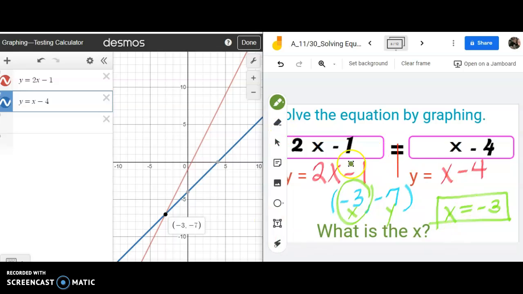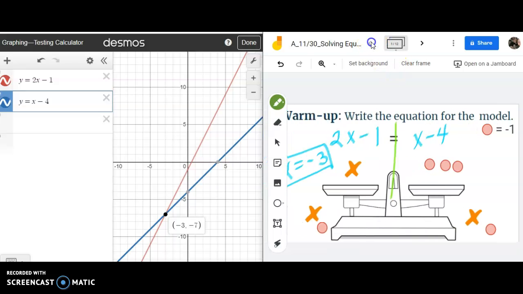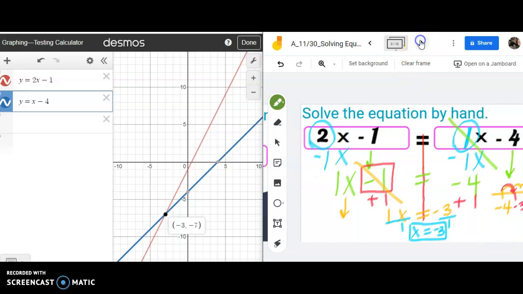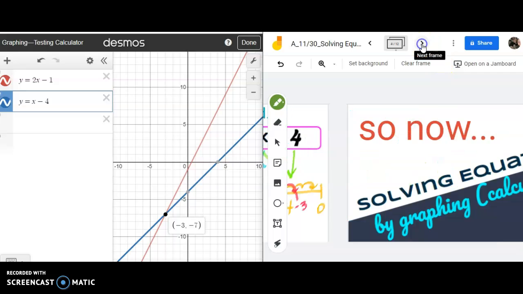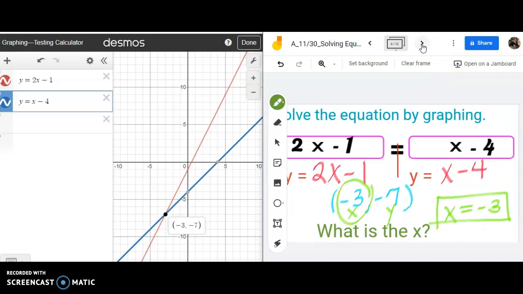And now we solved it by graphing. So you have options now of how you want to solve equations. Whether you want to use a picture, remember you can draw these x's and circles to help you. You can solve it by hand, like slide 3, or now you have the option of solving by graphing.